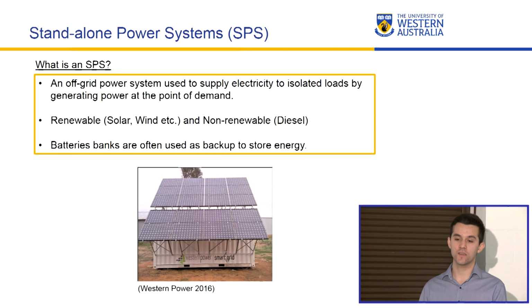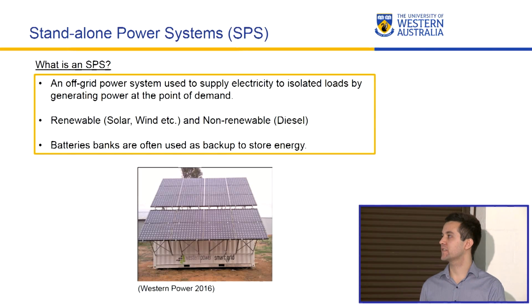So normally, what you consider the power system model to be is a very large centralized generator that transmits and distributes electricity over a long network until it gets to the customer, and a retailer takes over for the metering. In this scenario with the standalone power system, the generation, transmission and distribution, and retailer are all in that one location. In fact, you likely wouldn't have transmission and distribution, you would have just some small LV network.